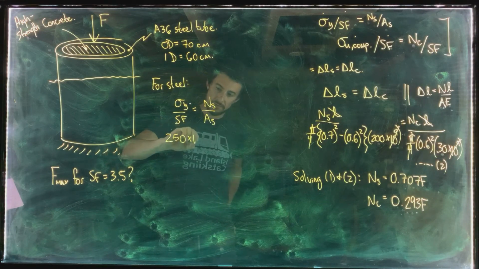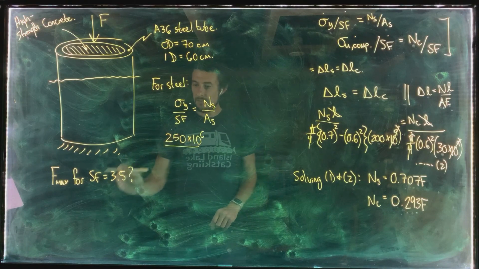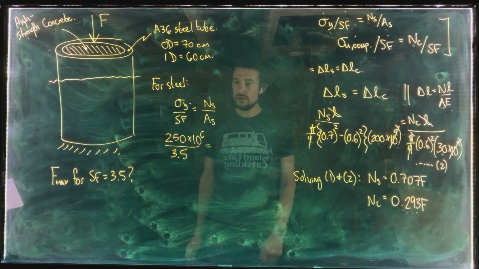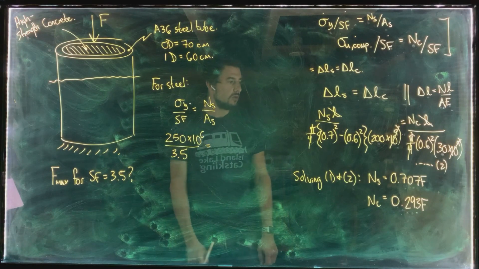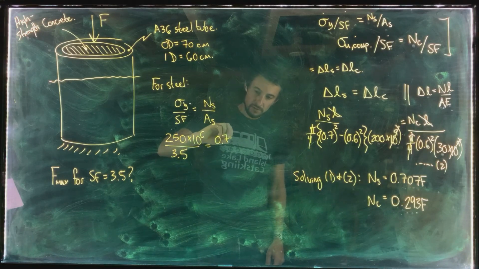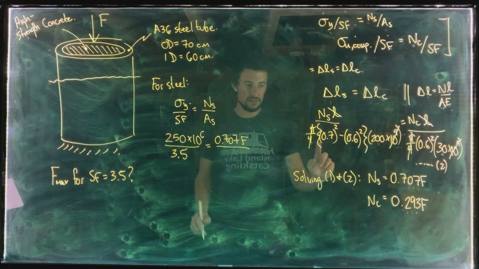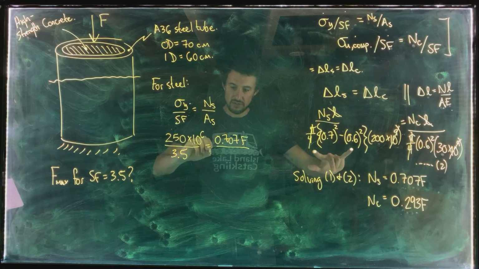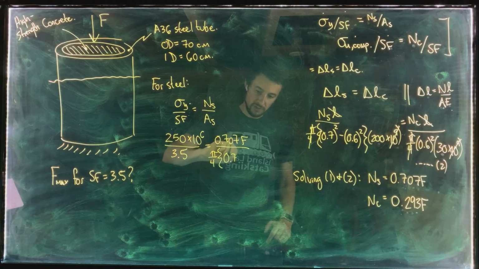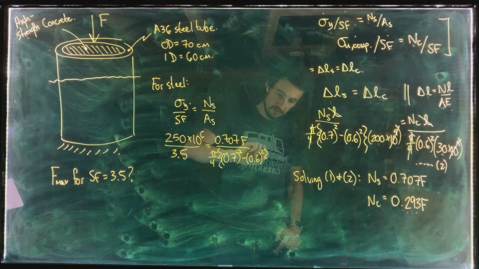So we've got 250 times 10 to the 6. That's from the material property table. Divided by our safety factor of 3.5 is equal to the normal force in the steel, 0.707 F, divided by the cross-sectional area of the steel, which was this expression over here: pi over 4 times outer diameter 0.7 squared minus inner diameter 0.6 squared.